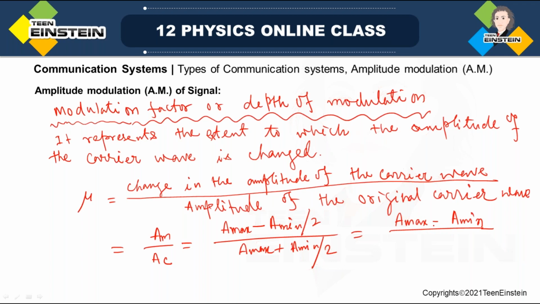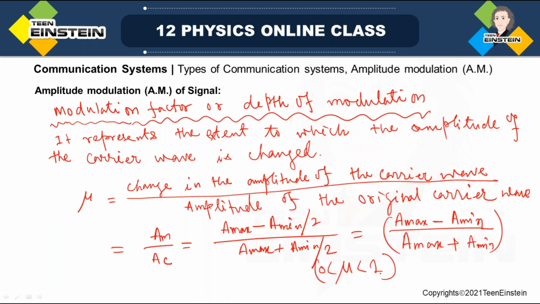Maximum amplitude of the modulated wave and minimum amplitude of the modulated wave, divided by this. And this value generally lies between 0 and 1. The mu lies between 0 and 1.